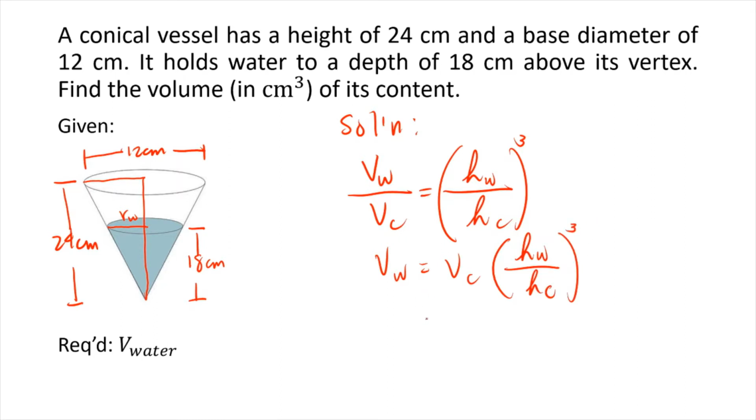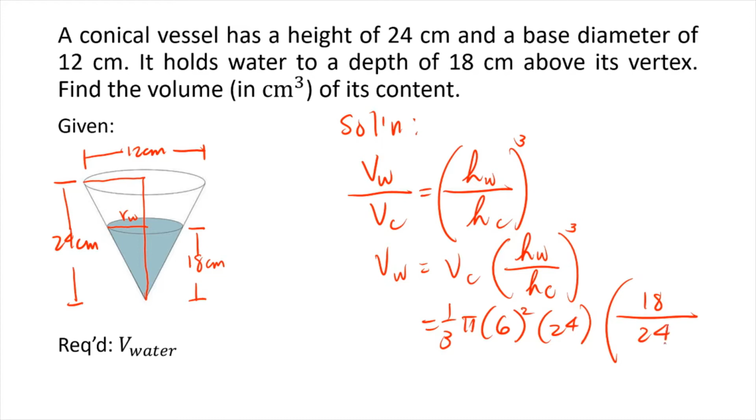And then using the formula for the volume of the cone, which is 1/3 pi r squared height. So 1/3 pi, radius of the cone is 12 divided by 2, so 6 squared, times the height of the cone, 24 centimeters, times the height of the water, which is 18 centimeters, and height of the cone again is 24 centimeters, and this is cubed.